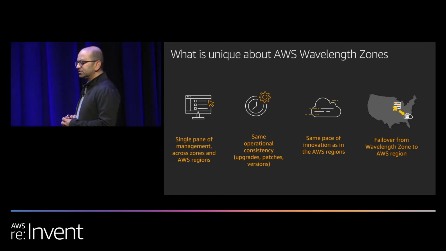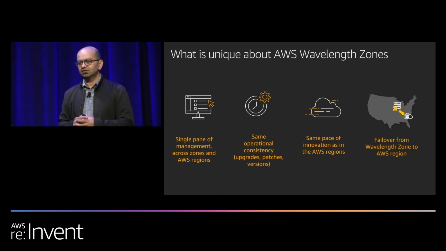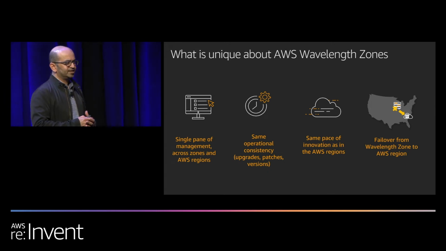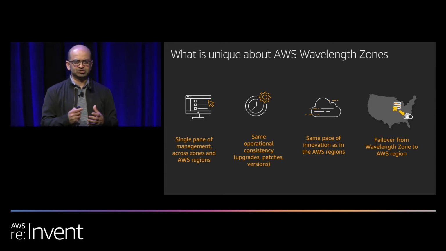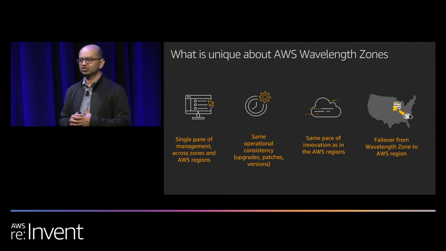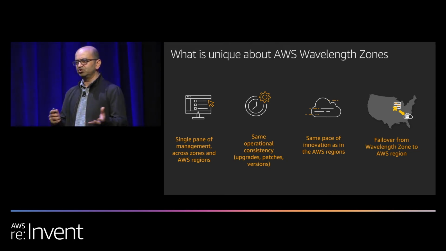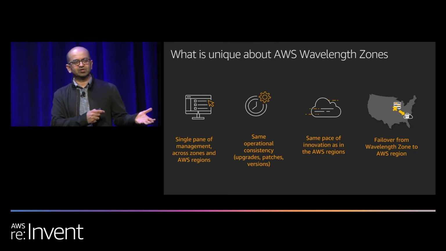Lastly, there is flexibility in deploying applications in the region versus wavelength zones. The same application can run in a region or a wavelength zone, and developers have the flexibility to choose depending upon characteristics of the particular application or cost and other factors. And this is very useful in scenarios such as failover, where we need to move some of the applications or workloads from the edge to the region.